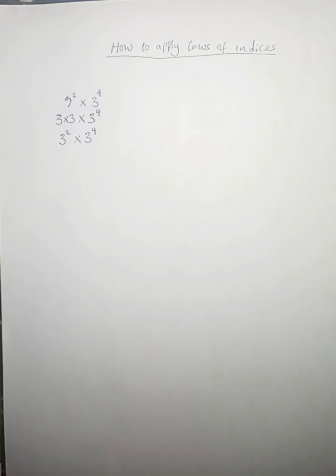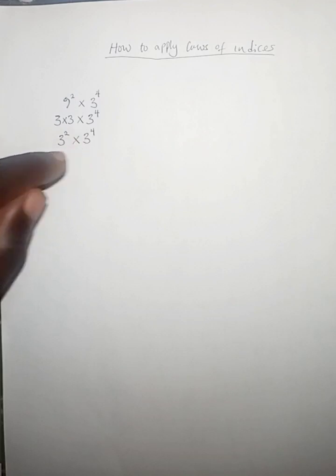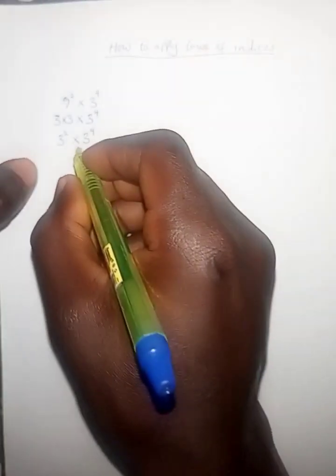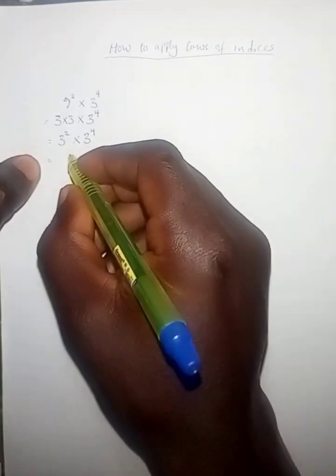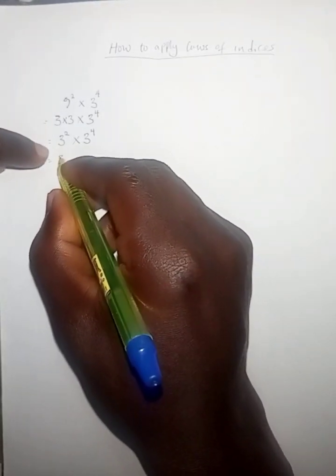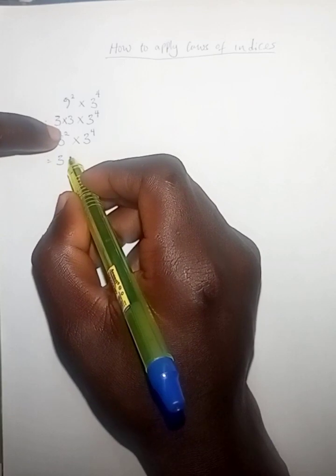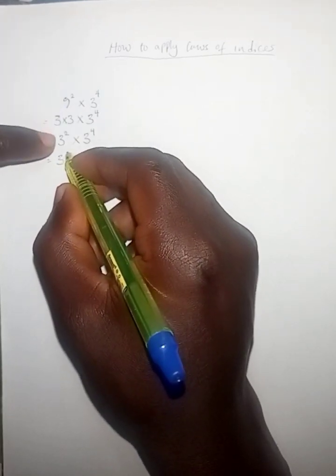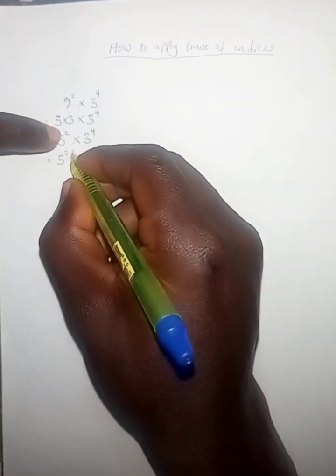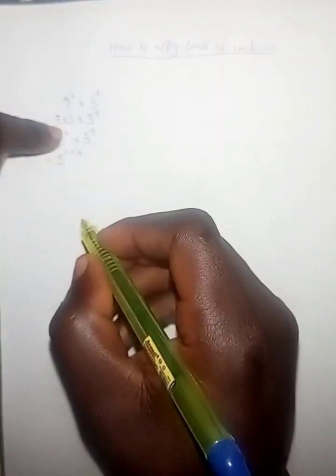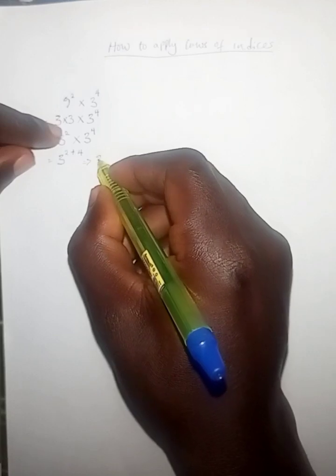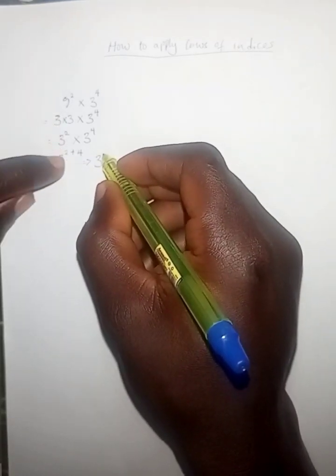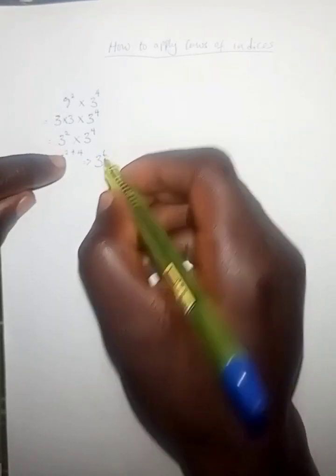And according to the first law, we simply pick one of the base, then add their powers. So we'll have 2 plus 4, and this will be 3 to the power of 6.